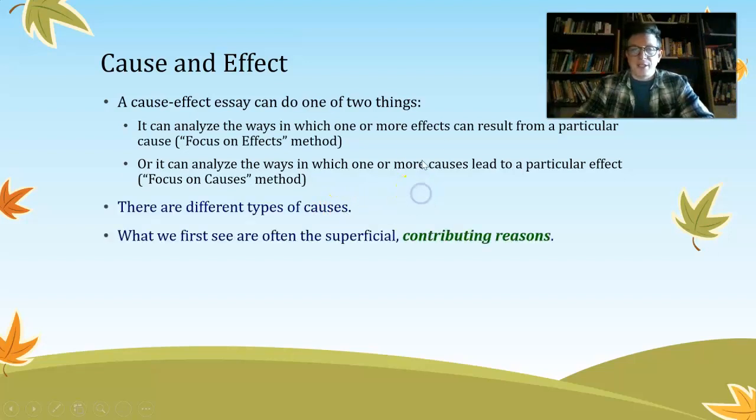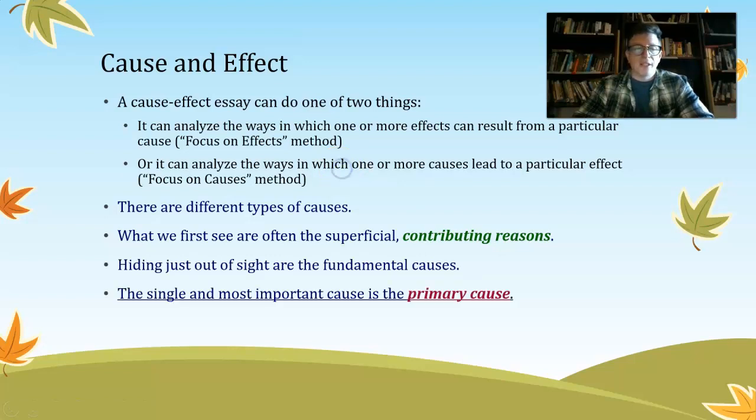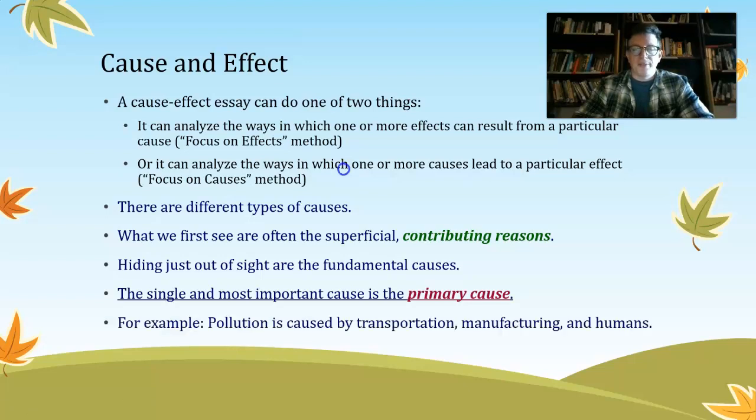There are different types of causes. What we first see are often these superficial or contributing reasons. Hiding just out of sight are the fundamental causes. The second and most important cause is the primary cause. For example, pollution is caused by transportation, manufacturing, and humans.